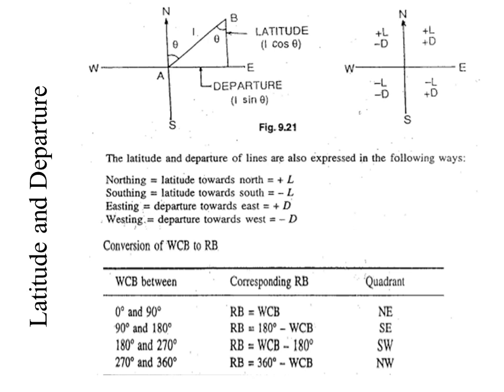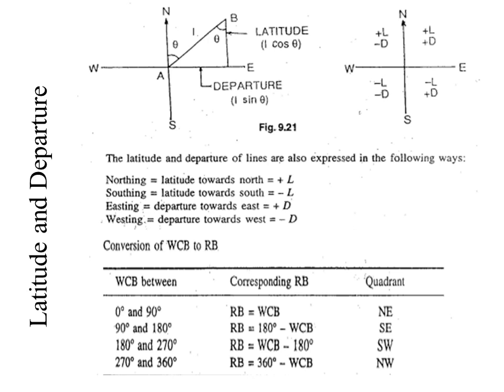Therefore, whenever we have the values of the whole circle bearing of a line, we have to convert the given WCB to reduced bearing depending upon the quadrant in which that particular line lies.